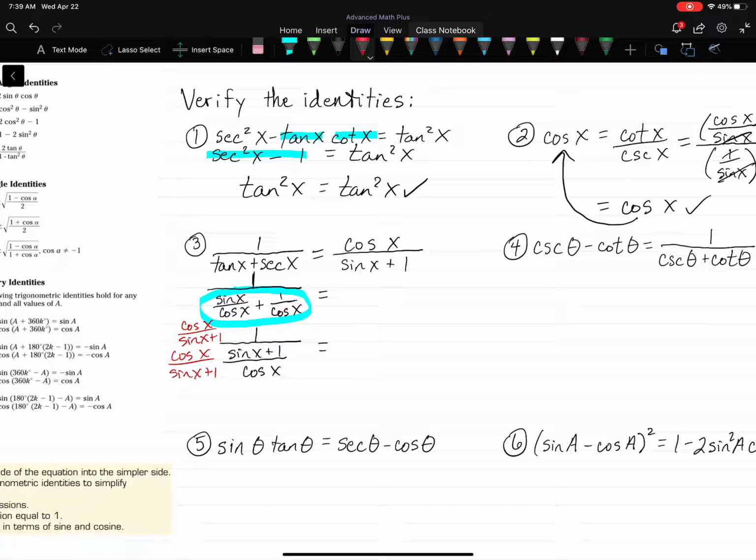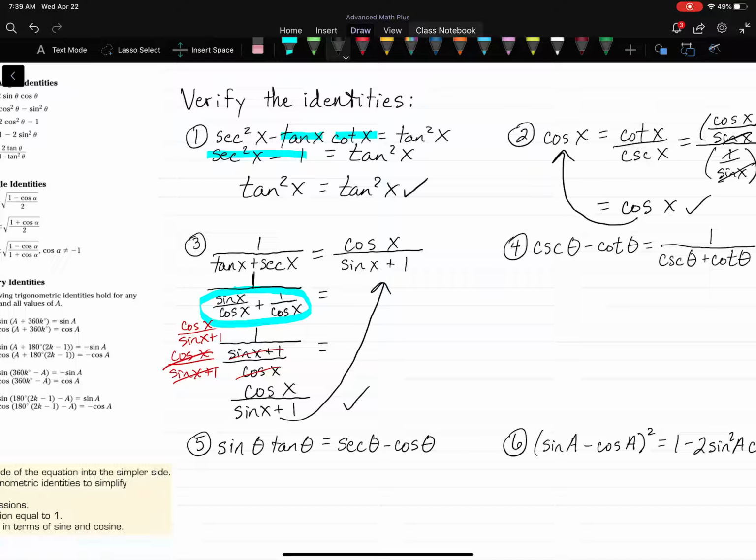Okay, on the bottom they all cancel. And now on top we have cosine x over sine x plus 1 times 1. Well, that's my answer. Cosine x over sine x plus 1. That is the same as that, so we're done.